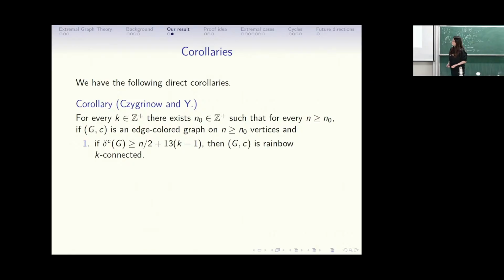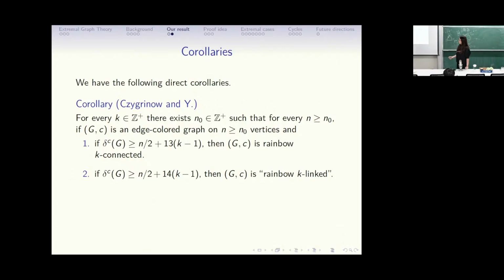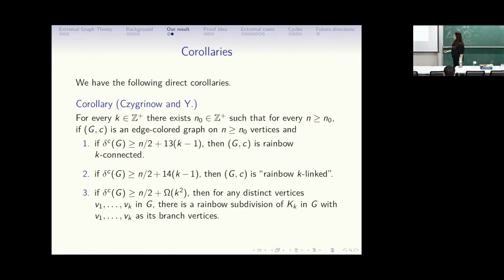So if the minimum color degree is at least half of n plus 13 times k minus 1, then the graph is rainbow k-connected. And if we add some multiple of k more to this color degree, then this graph is rainbow k-linked. And if we give it some coefficient times k squared, then we can assure that there is a rainbow subdivision of K_k in this graph.